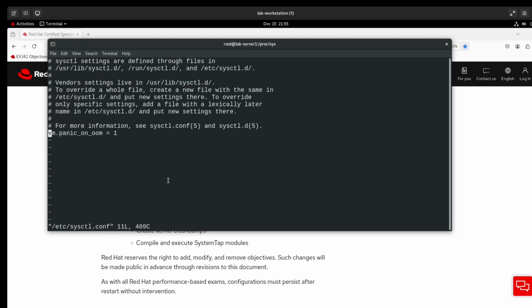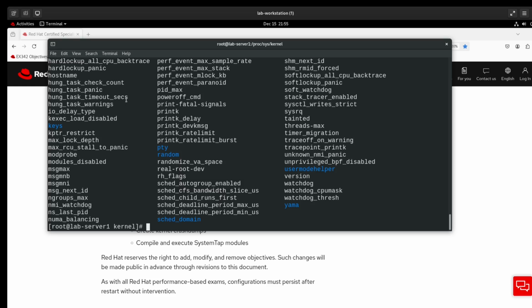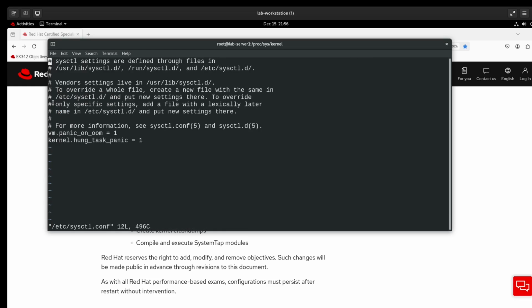There's a couple more that I want to set. There's other things with hung task panic. We can tell it the timeout in seconds. So let me cat that. 120. Let's say we'll let it hang for 240. Now there's a sysctl.d that we could dump some of this stuff into as well, which is probably the better way.